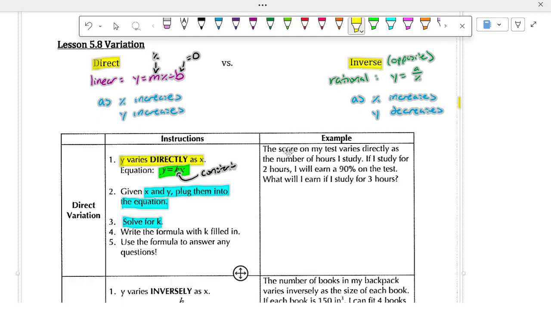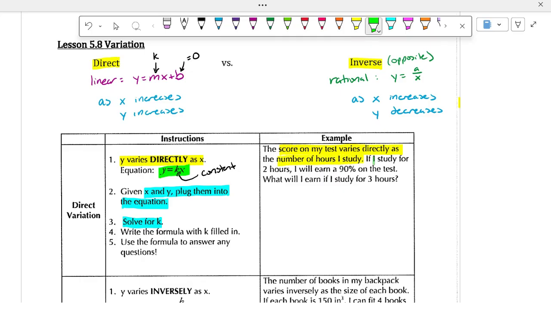So if we try a problem, the score on my test varies directly as the number of hours I study. If I study for 2 hours, I will earn a 90% on the test. And it asks, what will I earn if I study for 3 hours? So if you think about it, the more you study, if you do the studying correctly, the more your test grade will go up.